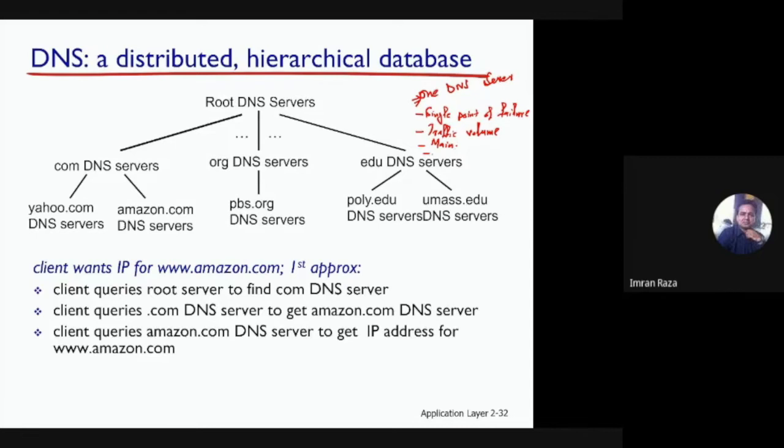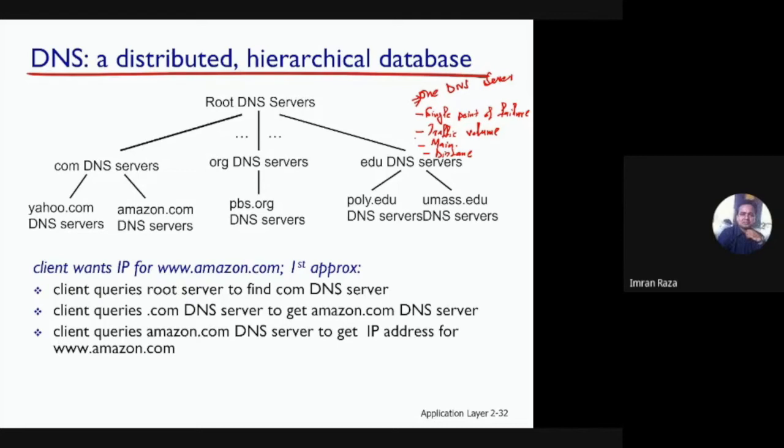Then maybe it's not a distant centralized database. I mean, maybe it's not close to all the hosts sending query messages. So distance is another issue, right? So this means one single DNS server is not a good solution, right?